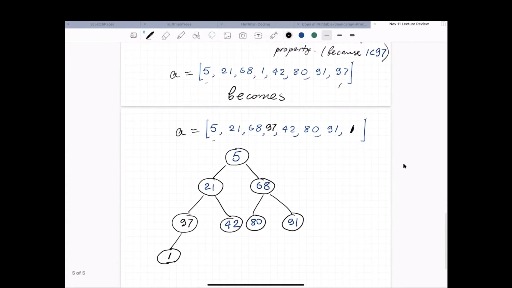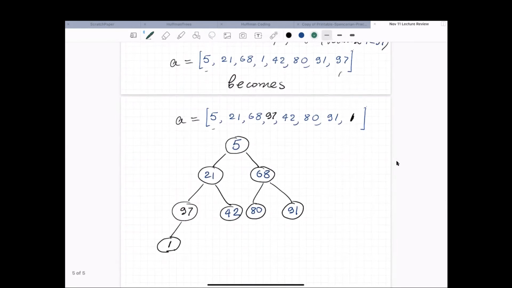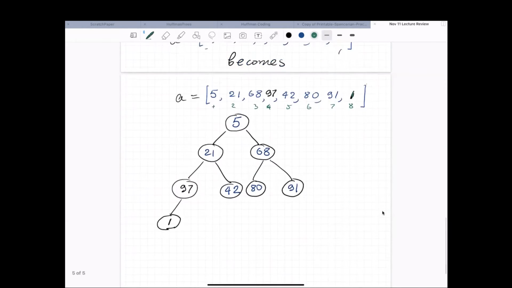That's clear, right? So what just happened? Just to be clear, my indices are 1, 2, 3, 4, 5, 6, 7, 8. I've exchanged whatever was at position 8 with whatever is at position 4. Those are shown here in black. Now, as you've suggested, step 2.